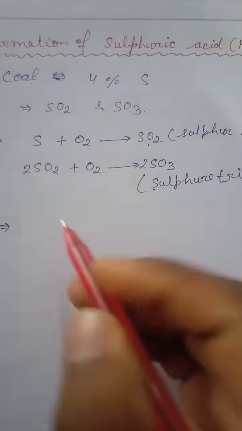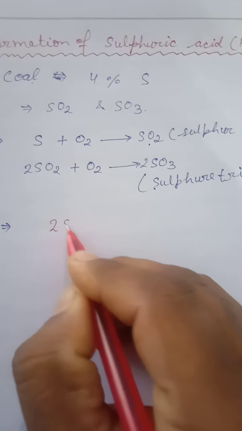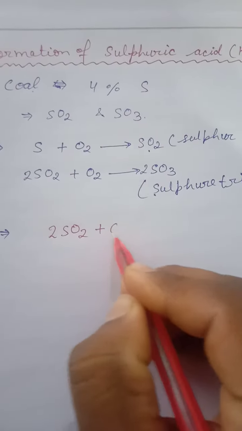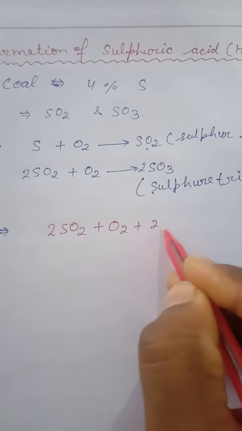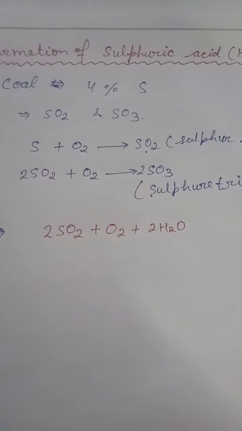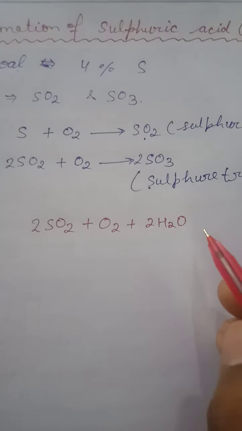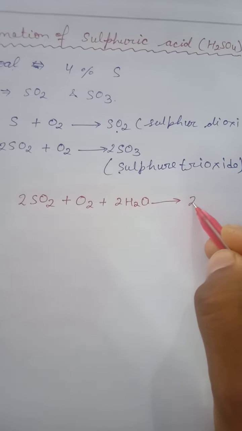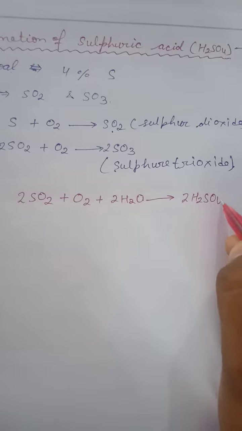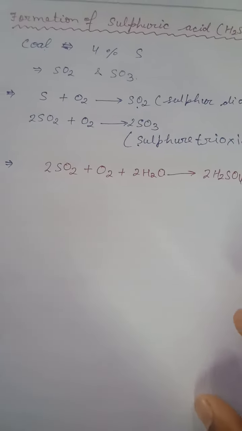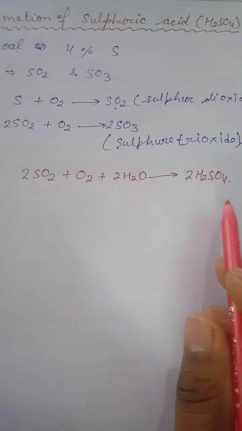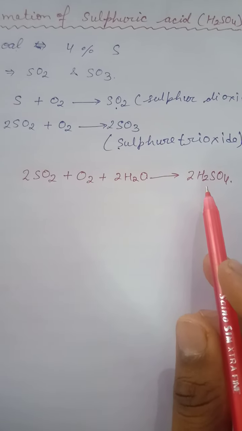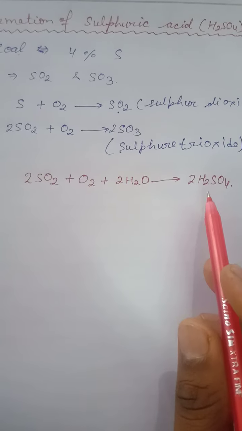So if you see, sulfur dioxide, SO2, will react with atmospheric oxygen and rainwater and convert into 2 molecules of H2SO4, sulfuric acid. This sulfuric acid is an acid, so it causes acid rain.